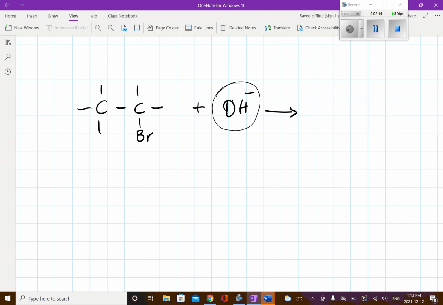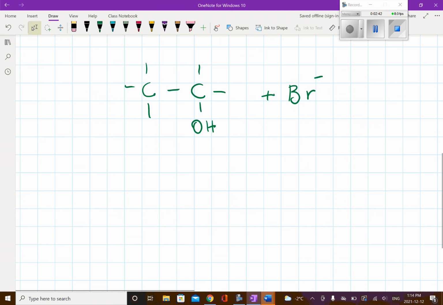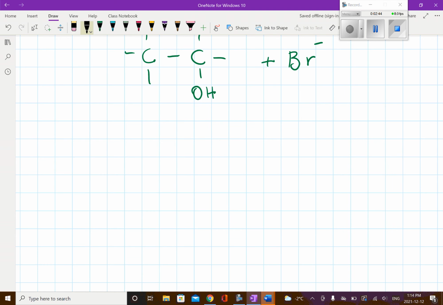This OH minus is going to kick out bromine and take the place of bromine. So you will see as the product C, and here instead of the Br, you will have OH, so an alcohol, and you will see bromide here as the atom.